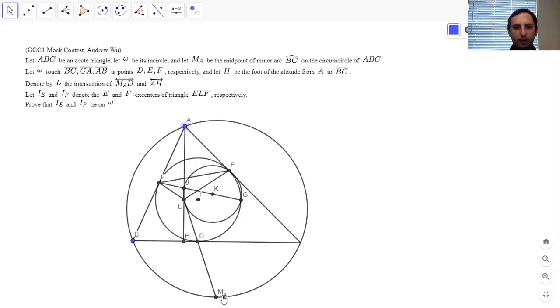So if we take MA and D, I wonder if L is the point of homothety of the two circles? I think it might be, right?